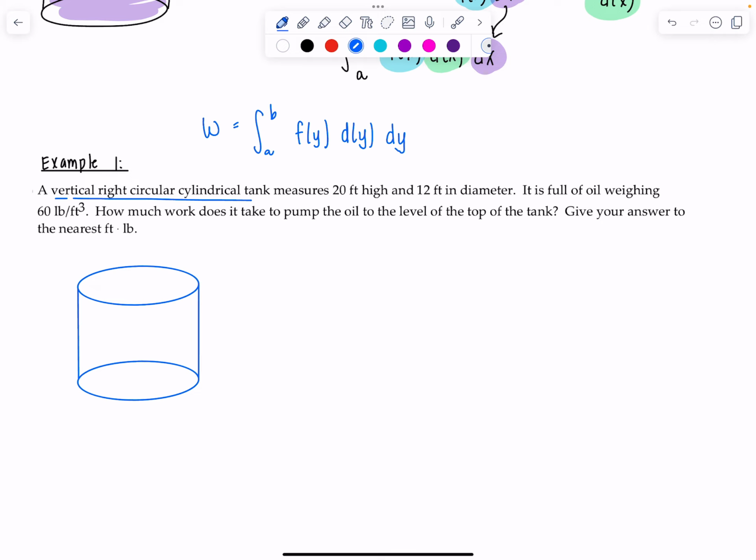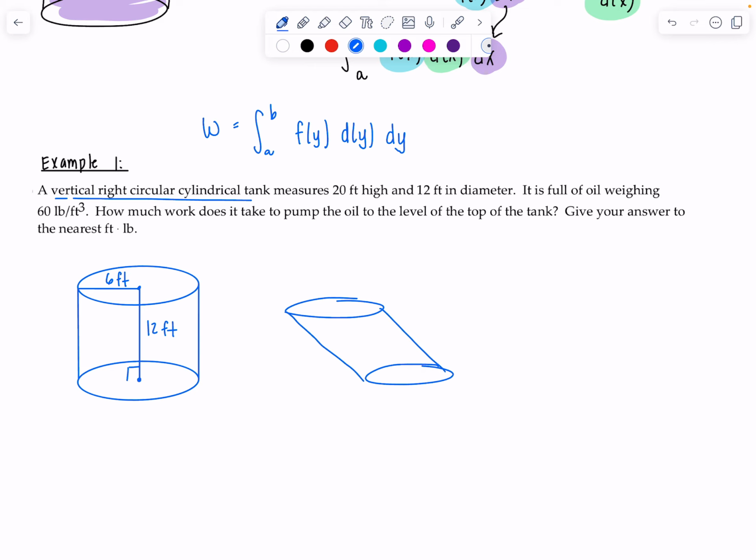So the height is perpendicular to the base, I'll show you right now. It's 20 feet high, 12 feet in diameter. So the radius is 6 feet. Here's the height. That's 12 feet. And right meaning it's like this. Sometimes you'll see a slanty guy. We're not in that scenario. They wanted you to rest assured that's not what we're dealing with, okay?